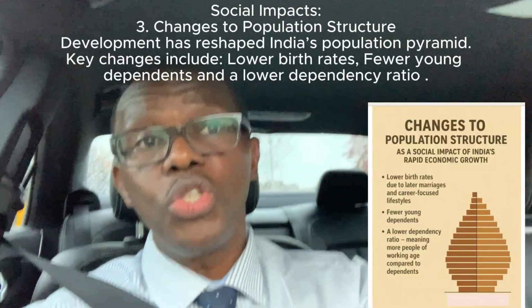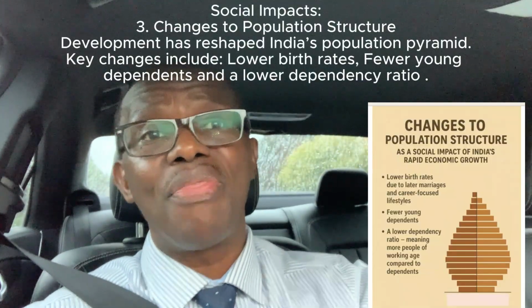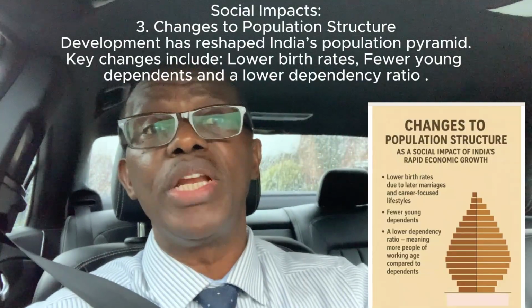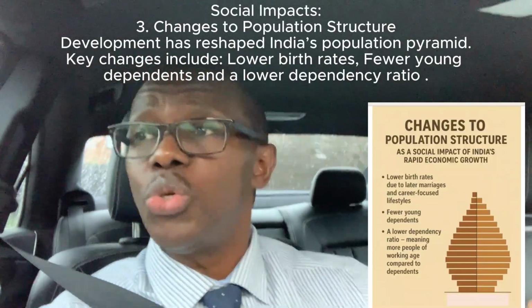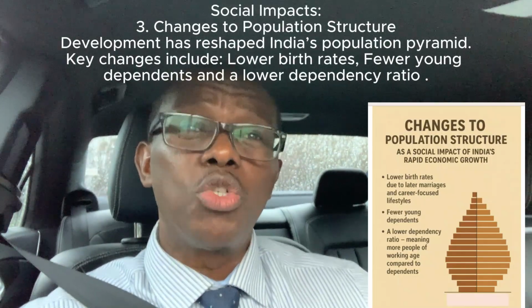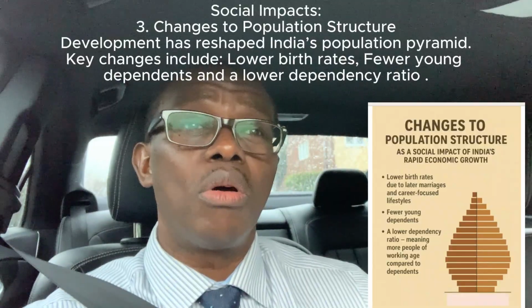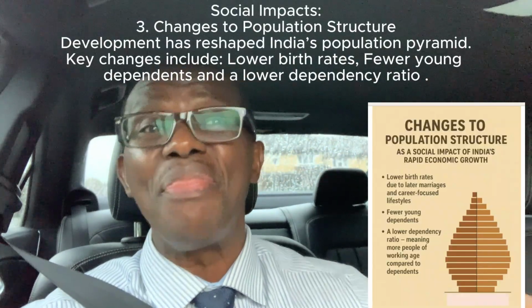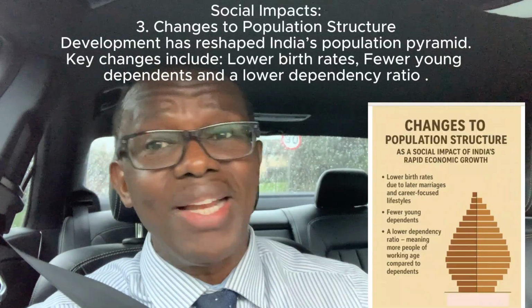But then in the future, it's important to mention that this is likely to change in terms of the dependency ratio. That is because, due to these falling birth rates, there will be a low birth rate, obviously, and then there will be an increase in the number of elderly dependents.